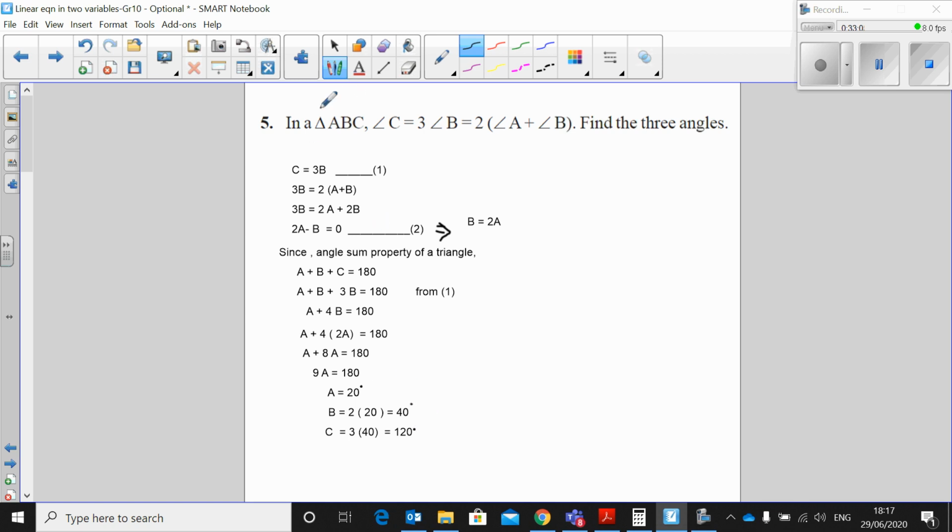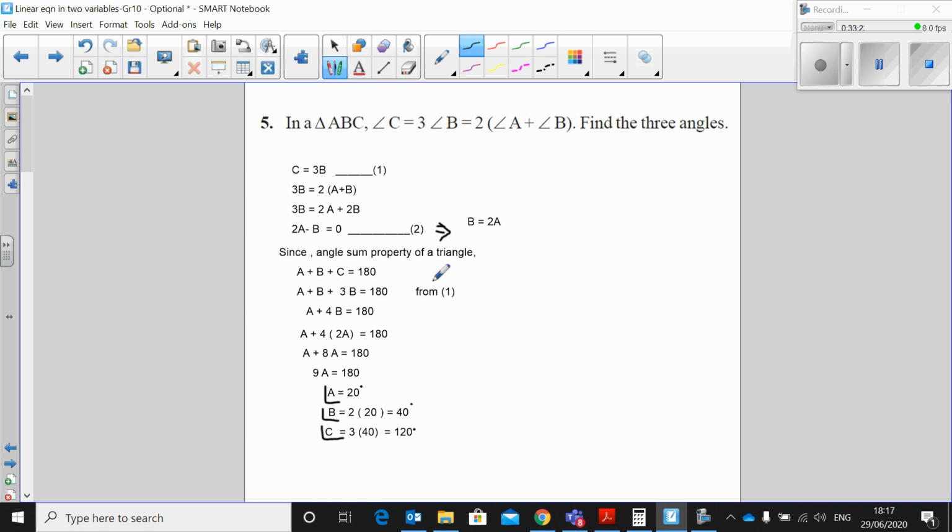So angles A, B and C are 20, 40 and 120 degrees. Any doubt? Even if you want to cross check, 20 plus 40 is 60, 60 plus 120 is 180 degrees.